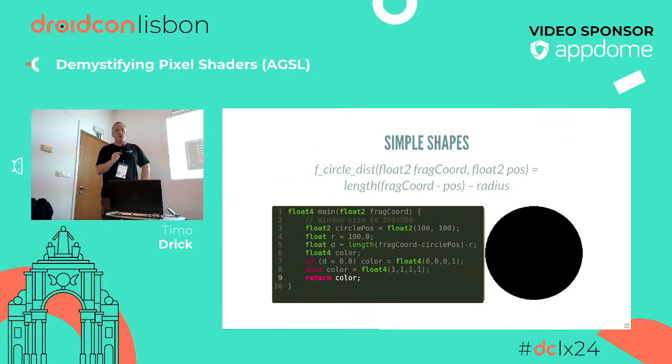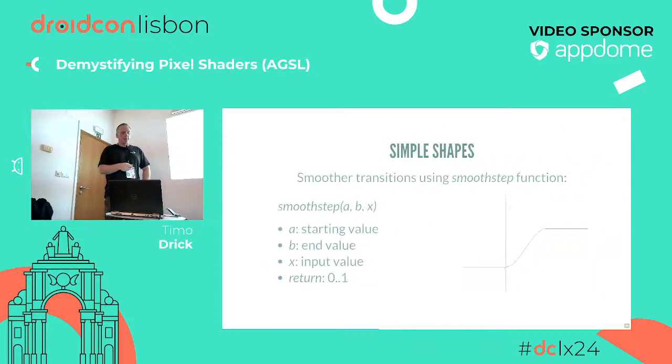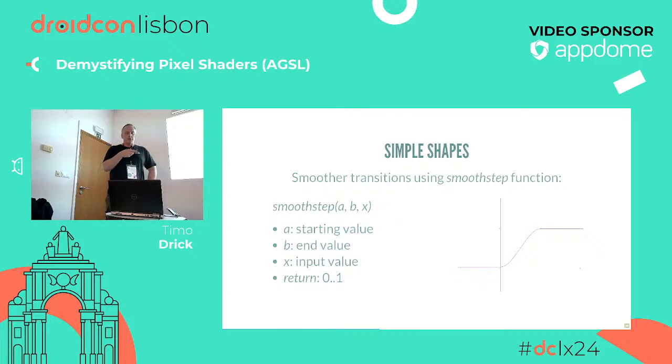Maybe one thing you notice here, the edges of the circle are very pixelated. It's not an error from my slides, or a bad resolution here. It's because of this function. To get rid of the pixelated edges, we can use a smooth step function.